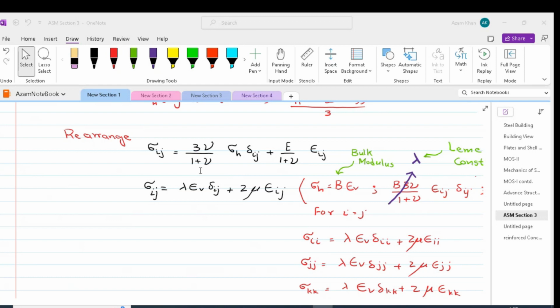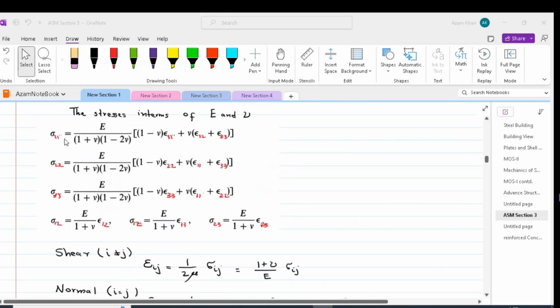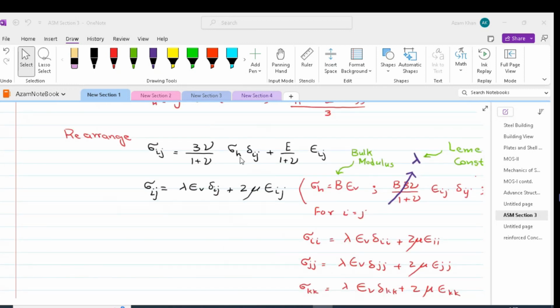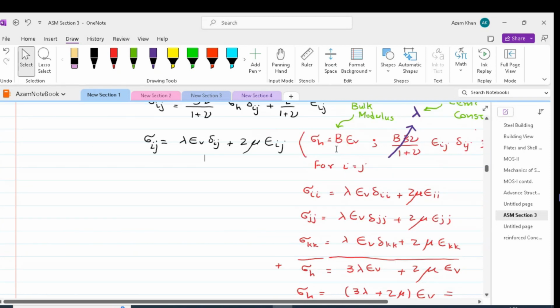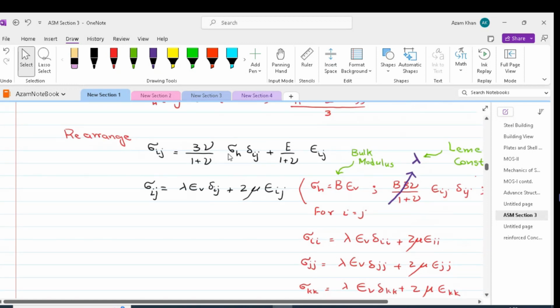So this equation captures the stress equations in terms of E and nu. Now in this equation, we can write the value of sigma h, which is the hydrostatic stress, as lambda times epsilon v, and bulk modulus times 3 nu divided by 1 plus nu is equal to the Lame's constant lambda.